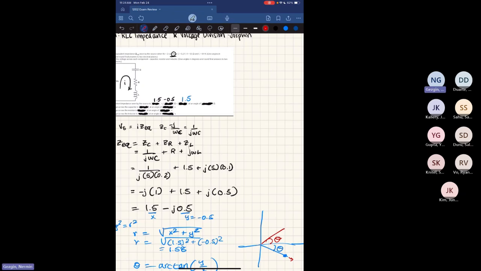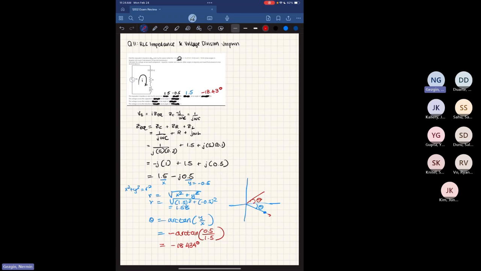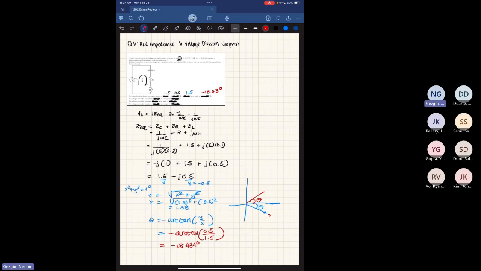So I believe when entering this increment, yeah, you can just enter it with the negative sign. You could also just plug this in a calculator with arctan of negative 0.5 over 1.5. But just be sure and check if your answer makes sense. That is the main thing to remember. And there's no harm in drawing it out, plotting it, check which quadrant it's in. So whichever way you choose, be sure you check the angle when using arctan.